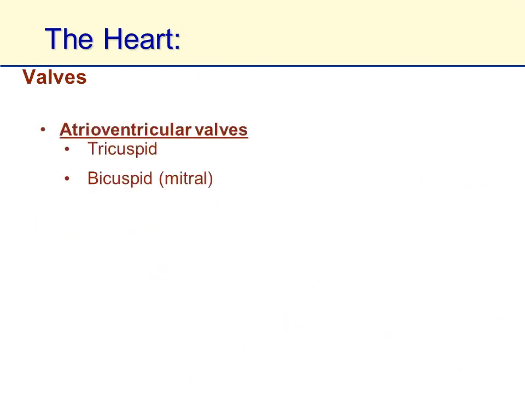The valves are of different types. Atrioventricular valves من اسمها atrioventricular راح تكون بين الأتريا وبين الventricles. We have the tricuspid valve and bicuspid or mitral valve.